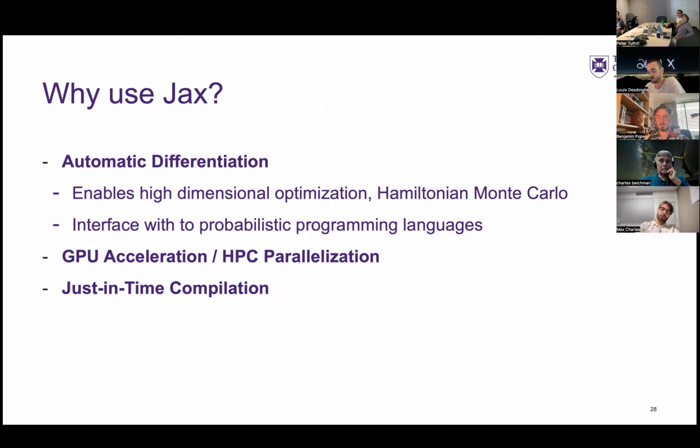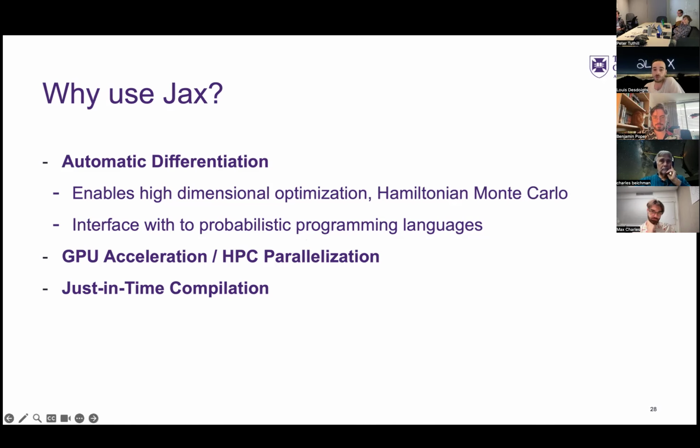The other benefits of JAX are, one, it natively runs on GPUs, so you don't have to mess around with writing different versions for specific hardware. It has native vectorization and parallelization, so utilizing multi-hardware systems is very straightforward.